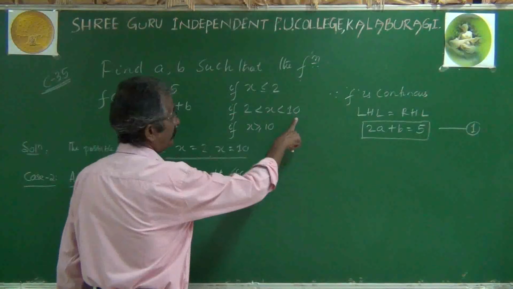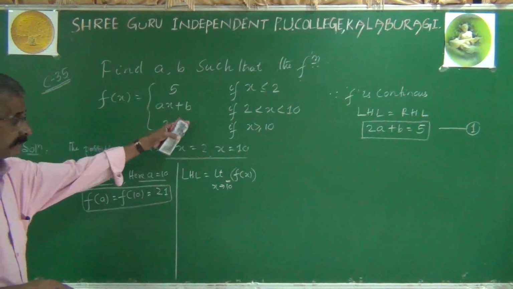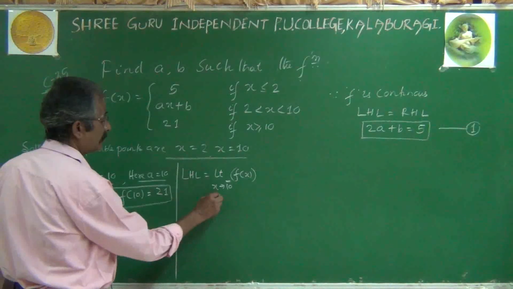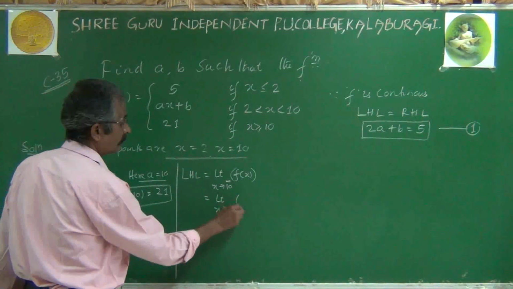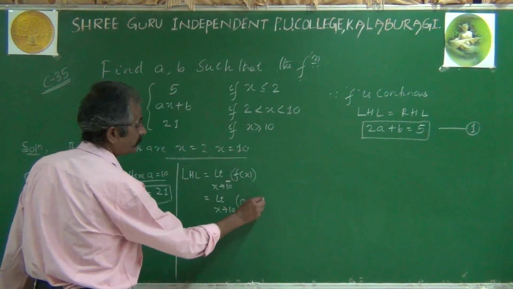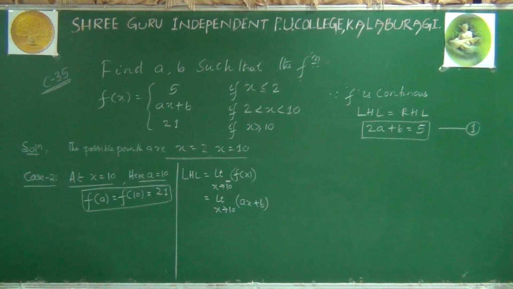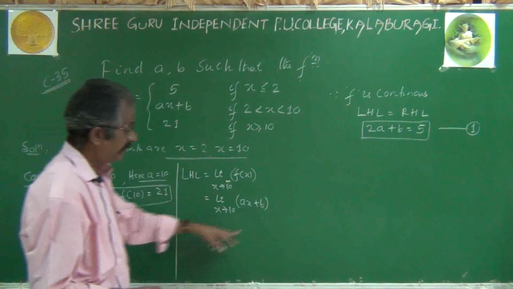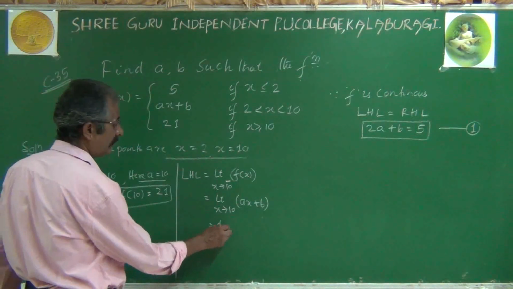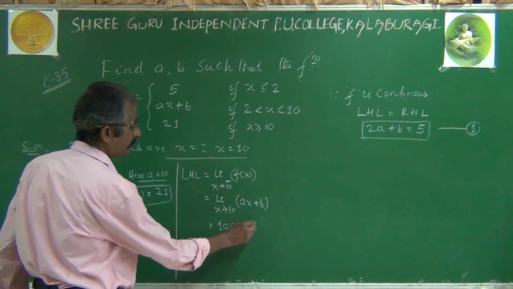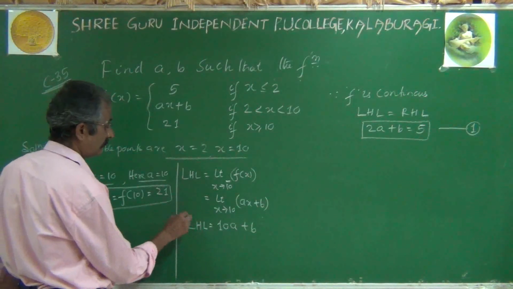When x is less than 10, function value is ax plus b. So that is limit x tending to 10 of ax plus b. Now replace x by 10. On replacing x by 10, it will be 10a plus b. This is LHL.